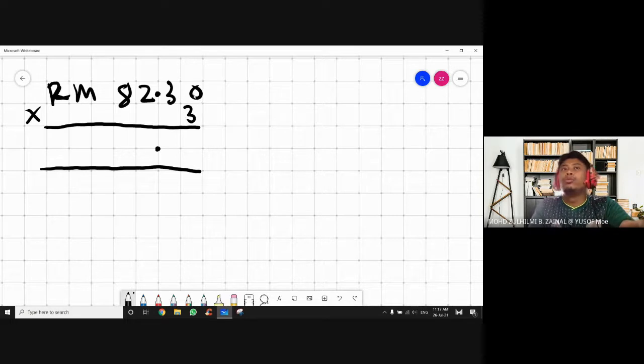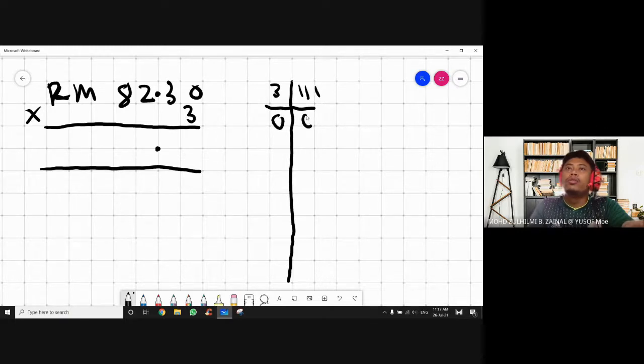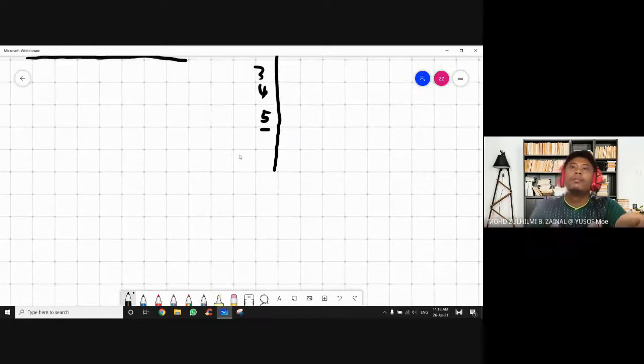Then what should you do? Okay, kalau tak ingat sifir 3, buat sifir 3. If you remember sifir 3, there will be no problem for you lah. Kalau tak ingat, buatlah sifir 3. 1, 2, 3. Start from 0 until what is the biggest number? The biggest number is 8. 1, 2, 3, 4, 5, 6, 7, 8.